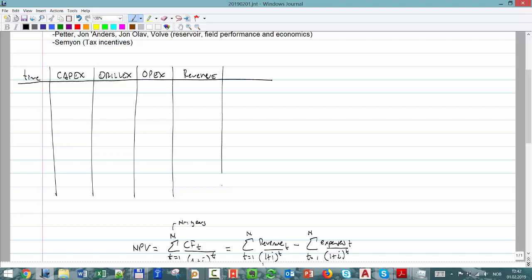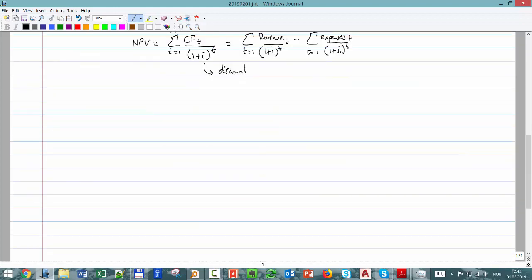Then we have our cash flow. Okay. And I told you that cash flow, if we plot it with time, you don't have a continuous function. Okay, you have a discrete function for every time, 1, 2, 3, 4, etc.